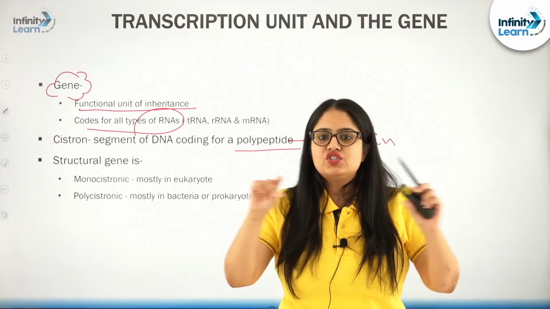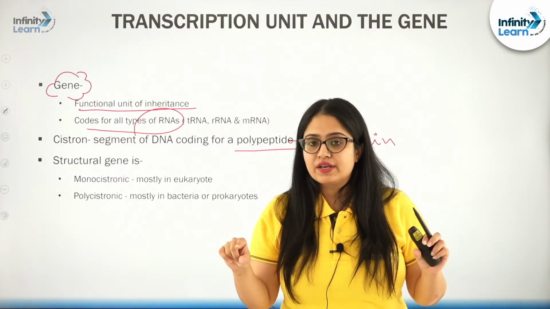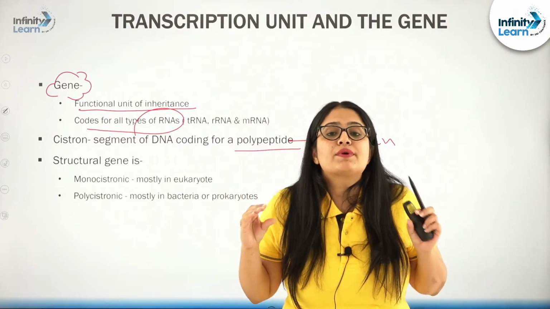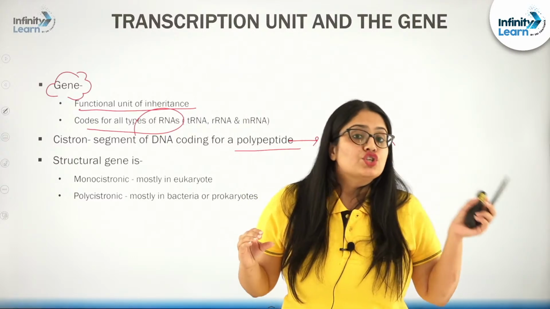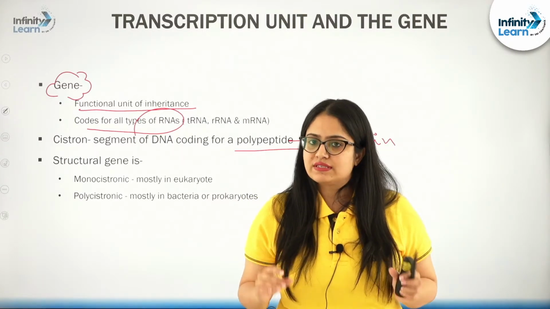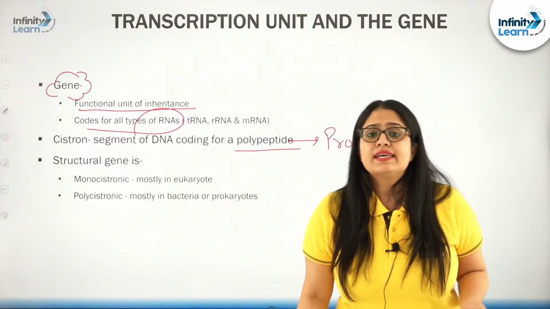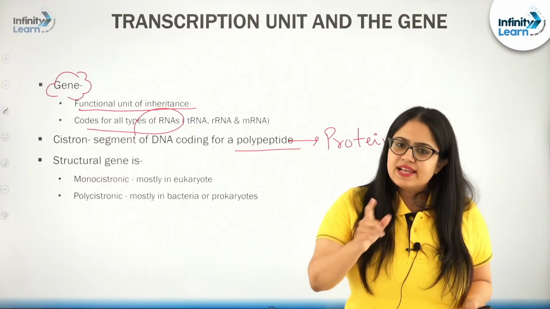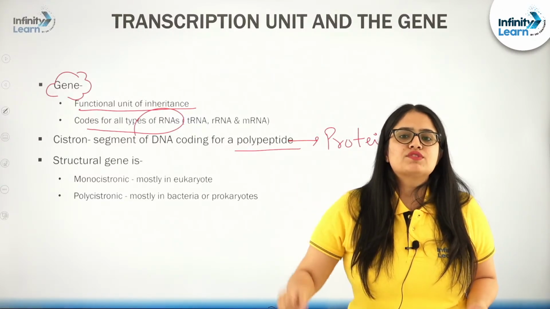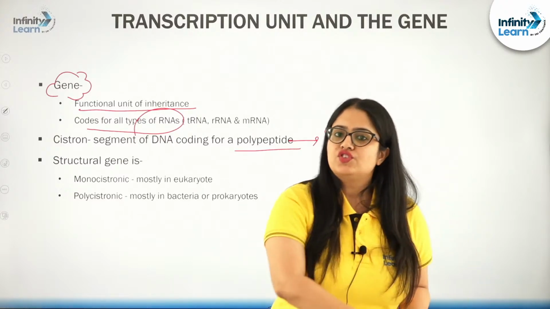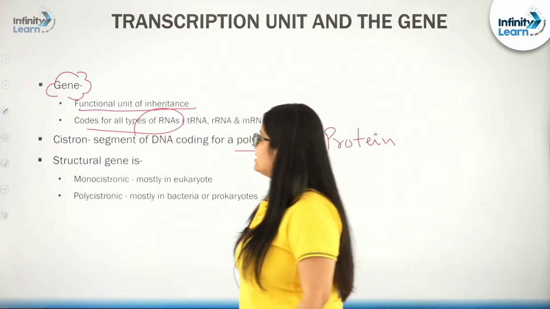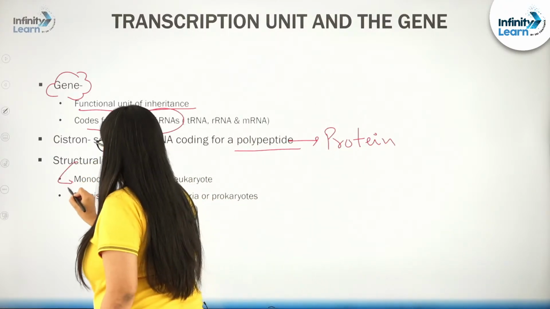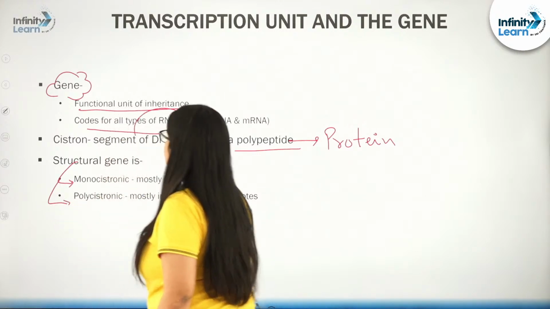So, the structural gene of the transcription unit, from which a polypeptide chain will be produced during the translation process, can be monocistronic as well as polycistronic. Let us see what these two terms mean with respect to structural gene.